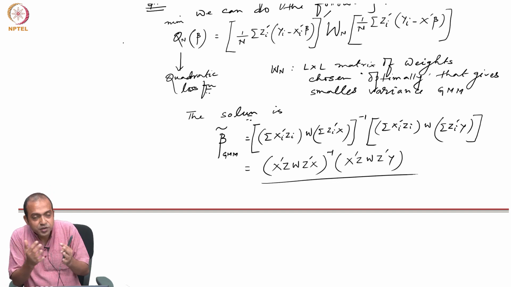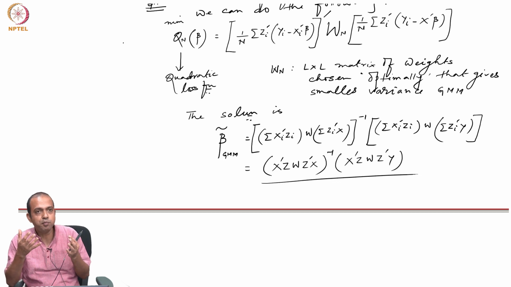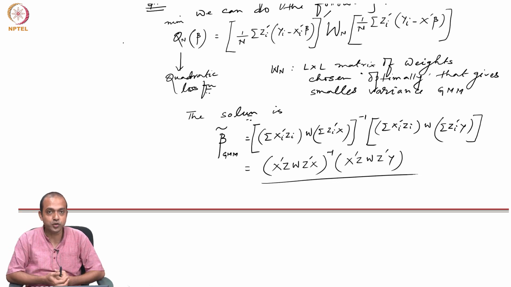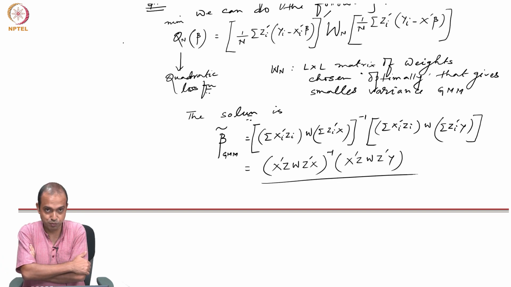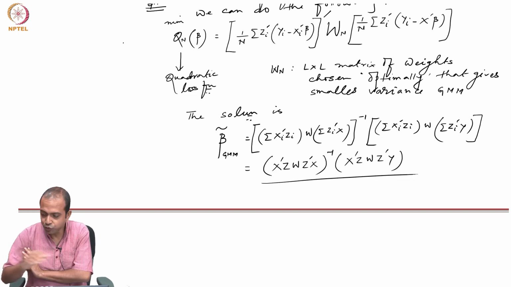Okay, this is basically the idea of method of moments, and GMM is a generalized version of method of moments when your number of instruments is more than the number of parameters to be estimated. And what is the method of moment condition?